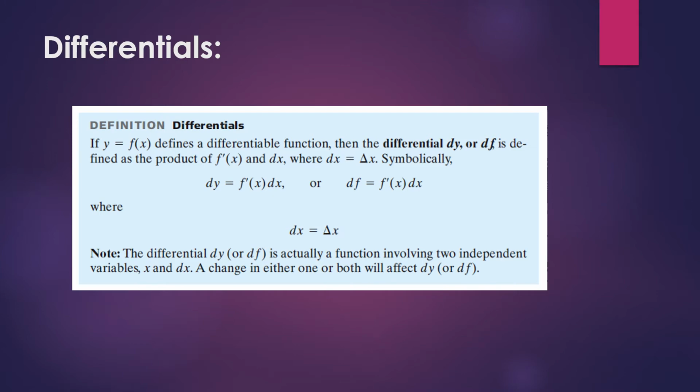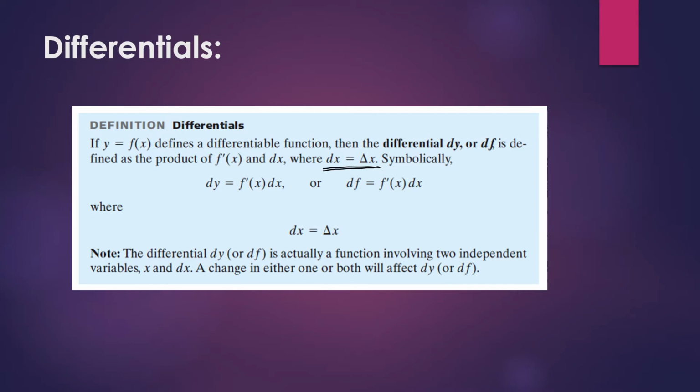So if y equals f of x, and it's differentiable, then the differential dy or df is defined as the product of f prime and dx. And dx is going to be equal to delta x symbolically.